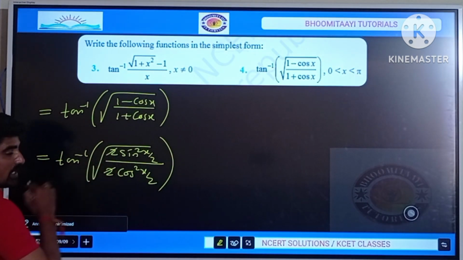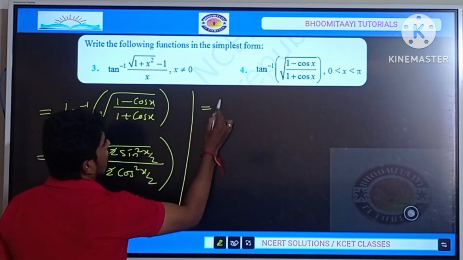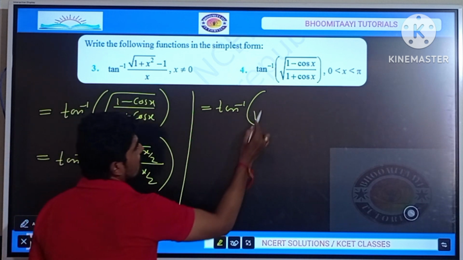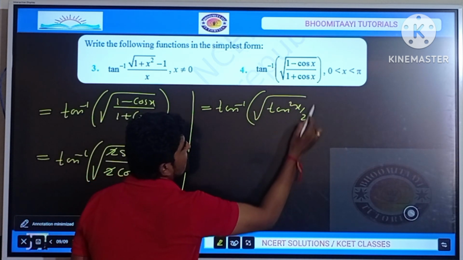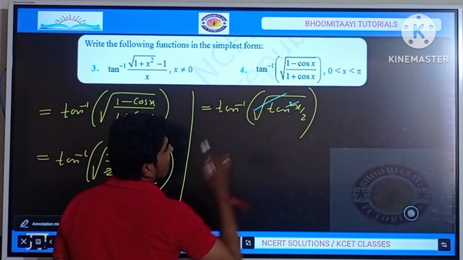The 2 and 2 get cancelled first, which is equal to tan inverse of root sin square x by 2 divided by cos square x by 2, which is tan square x by 2. And now here the square root and square get cancelled.